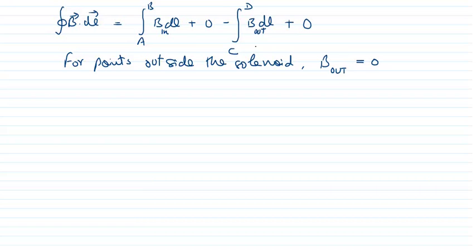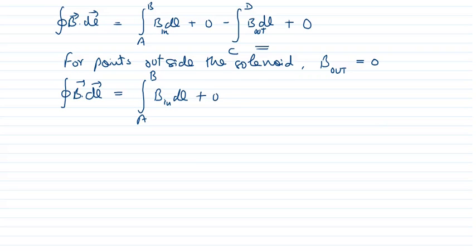So therefore this will also become 0. So therefore this formula, that is the line integral of B dot dl over the closed loop, will become A to B, that is B inside dl, plus 0 plus 0 plus 0, that is only equal to the integral from A to B of B inside into dl.